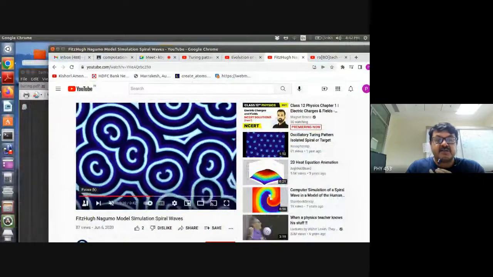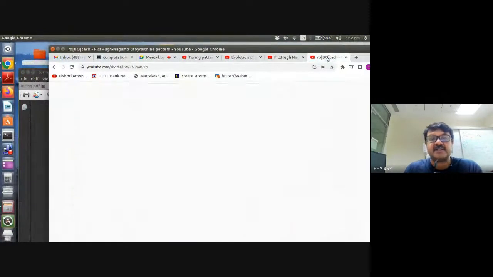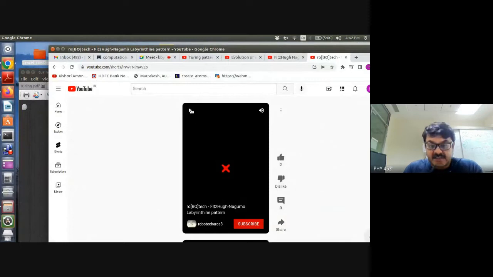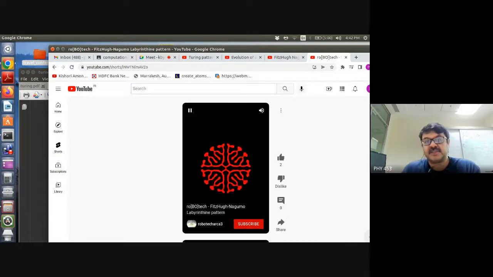And not only this, you can have other patterns such as this. This is again FitzHugh-Nagumo, but various patterns can form as you change parameters, which can be some field, suppose the concentration or temperature.